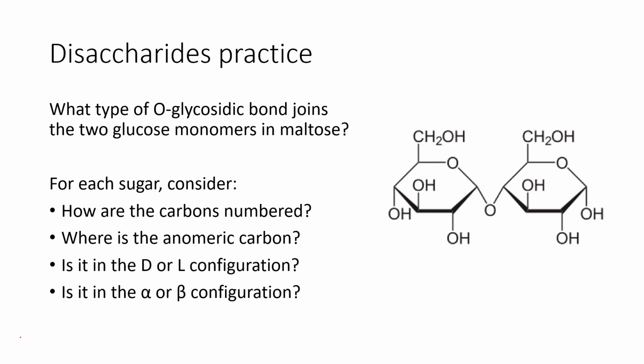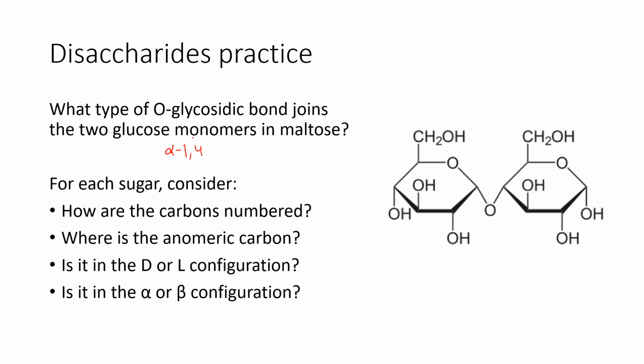Yeah, that's great. How did you know that? The oxygen on the anomeric carbon on the left is pointing down on a D sugar, and then it's bonded to the fourth carbon on the right sugar.